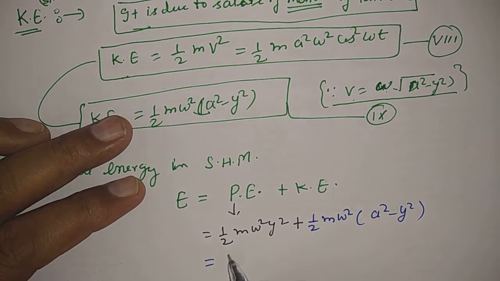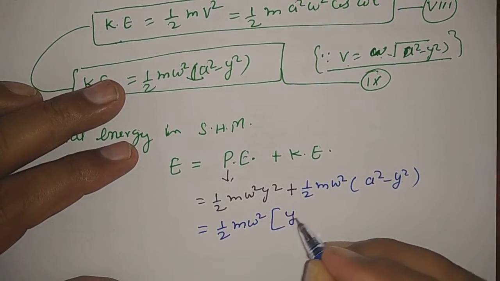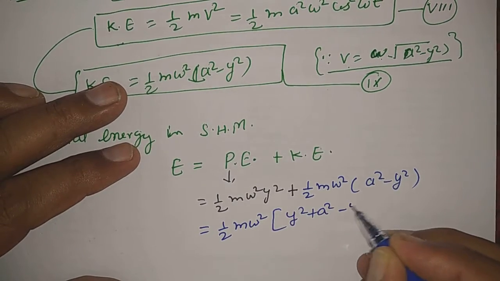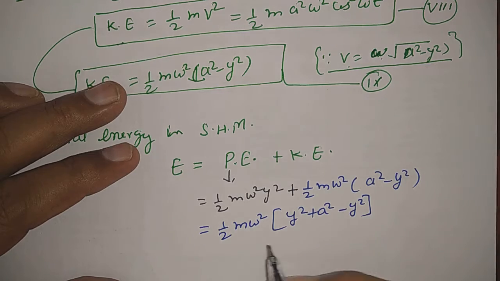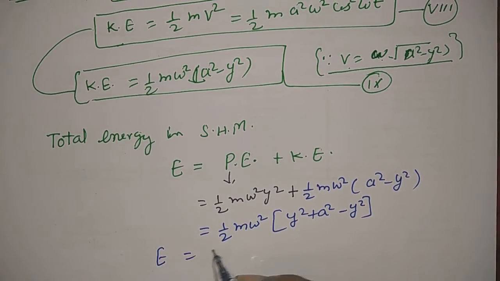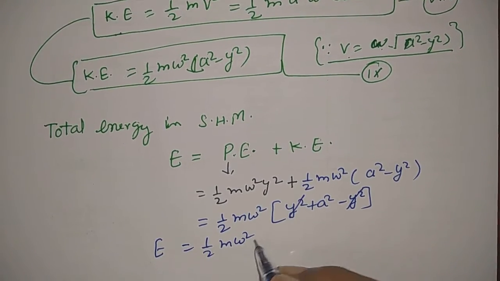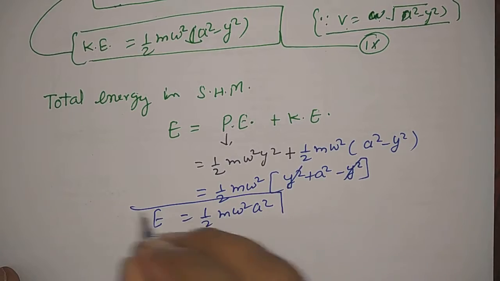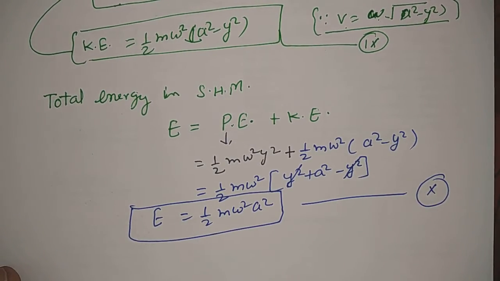So see here, in both cases half m omega square is common, y square plus a square minus y square, right? So the total energy is half m omega square, y square cancels, so a square. The total energy is given by equation number 10.